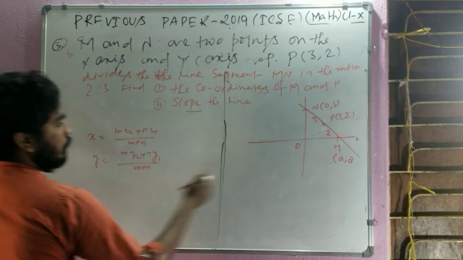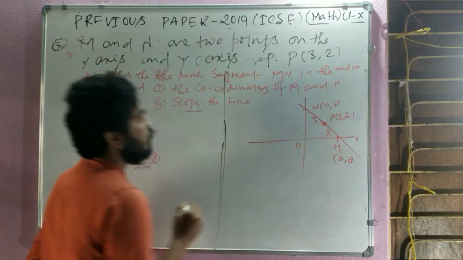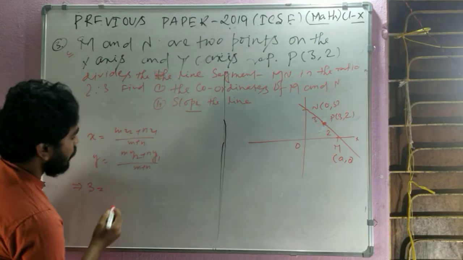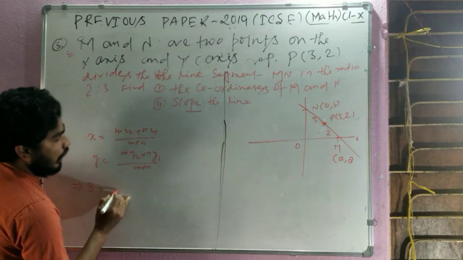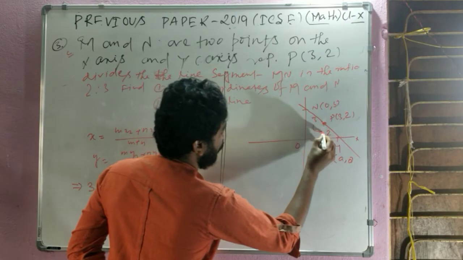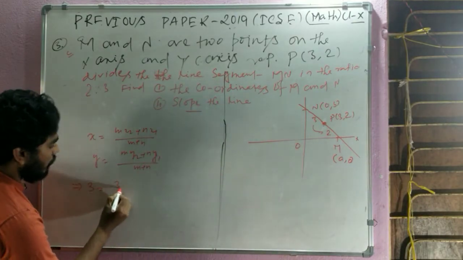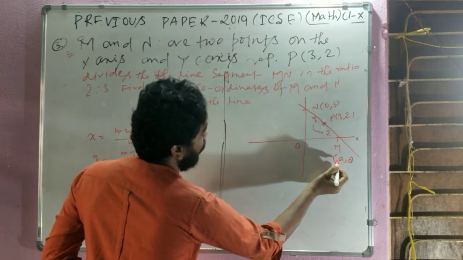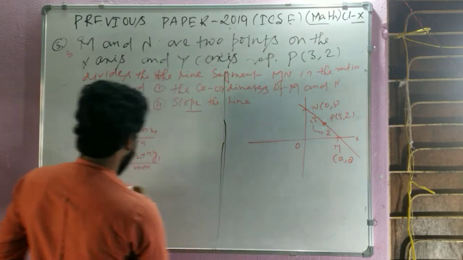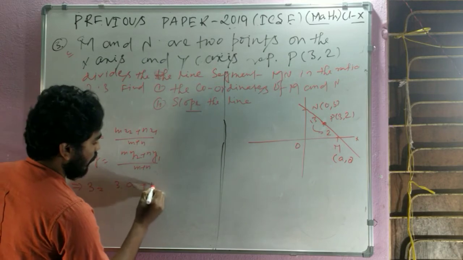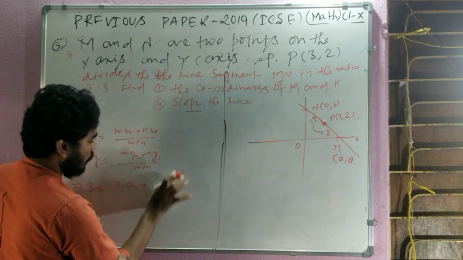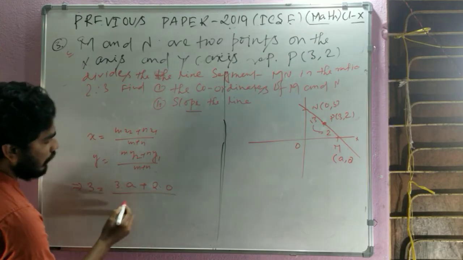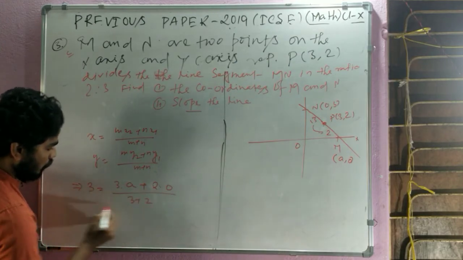P is the dividing point, so 3 equals m x2, that is 3 times a, plus n x1, n means 2, x1 means 0, divided by m plus n, 3 plus 2.